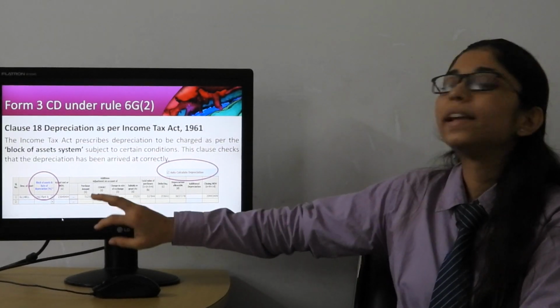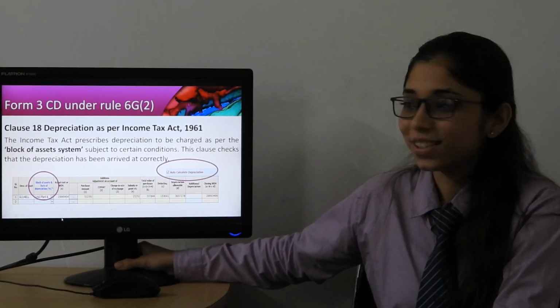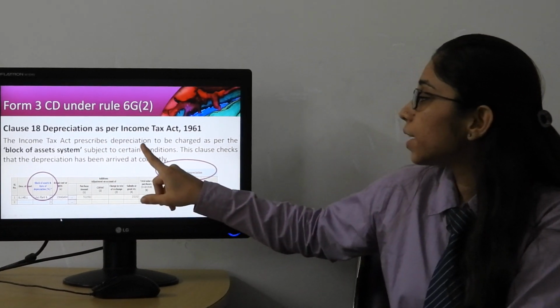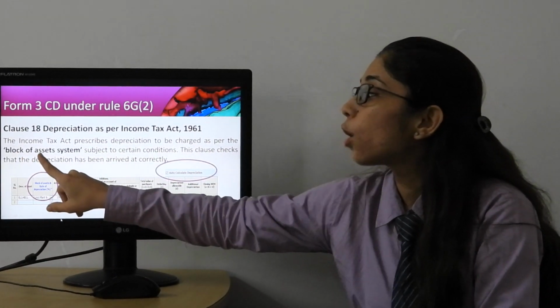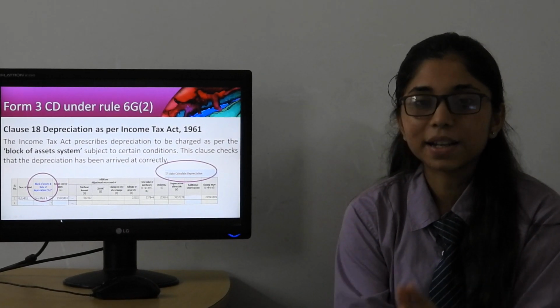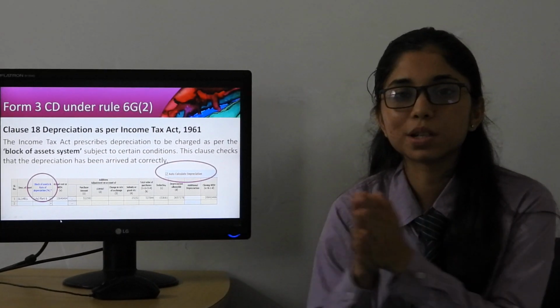Next, clause 18, depreciation, which is the most important point in our Form 3CD. It says that depreciation is to be charged as per the block of assets system. See, there are blocks: plant and machinery at 15%, plant and machinery at 40%, plant and machinery at 60%.